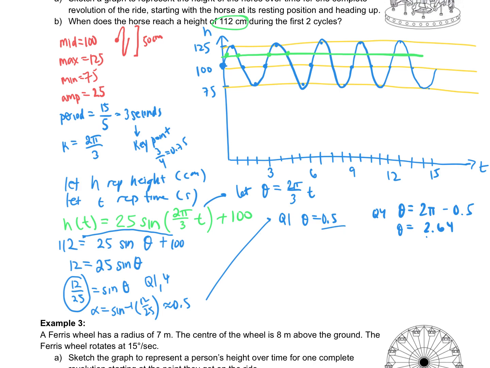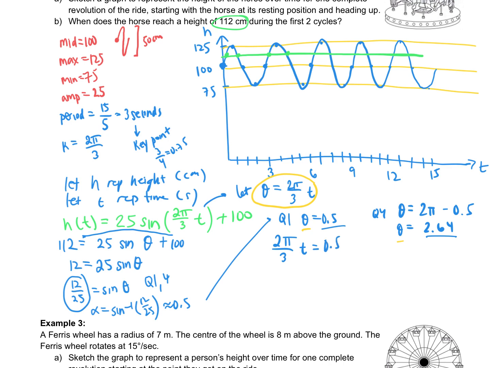So these are the values of theta in one cycle, but we're not trying to solve for theta, we're trying to solve for time. So we have to bring back this. Let's replace our thetas with 2 pi over 3t equals 0.5.